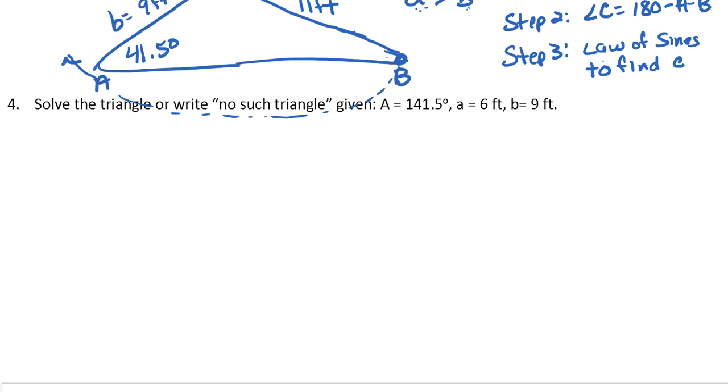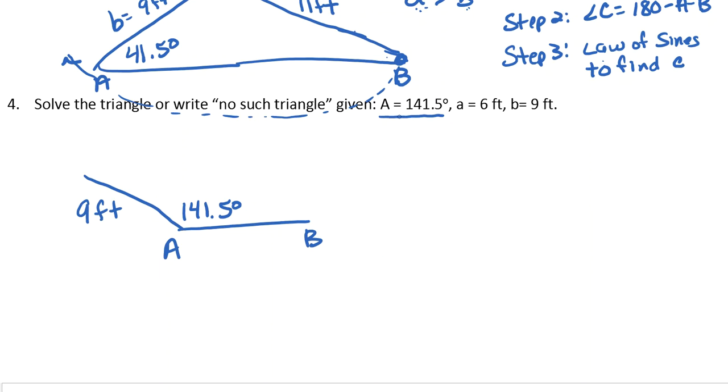Question 4. Now we're switching to a new set of data here. We've got an angle that is obtuse, so a little bit less confusing. So if angle A is obtuse, then either it's going to work or it is not going to work. So here our side B is still that 9 feet, and our side A is too short.